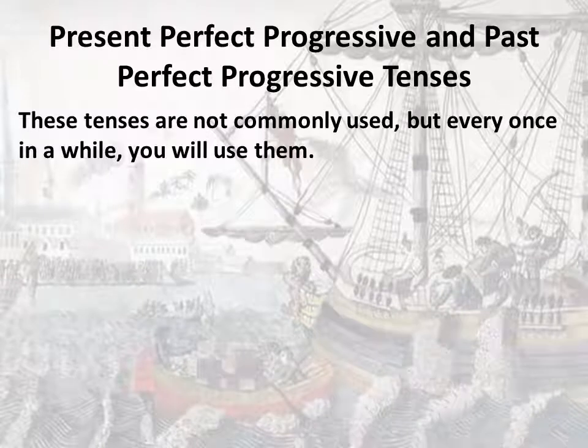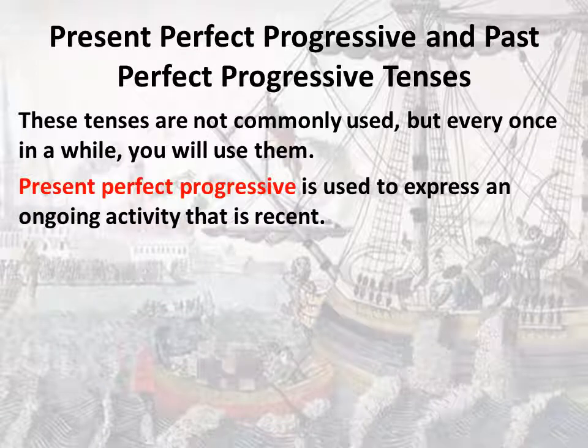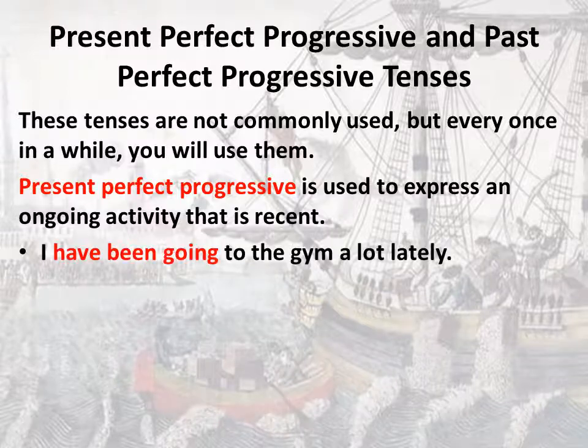And now for some tenses that are not used as often, but it's good to know about them: the present perfect progressive and the past perfect progressive tenses. Again, these tenses are not commonly used, but every once in a while you will find a reason to use them. The present perfect progressive is used to express an ongoing activity that is recent.